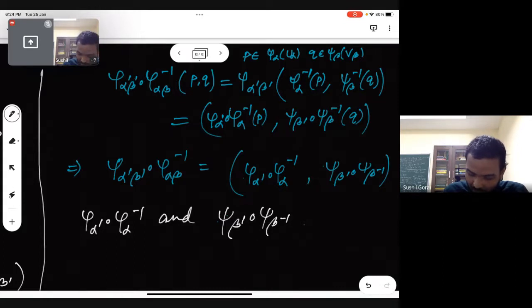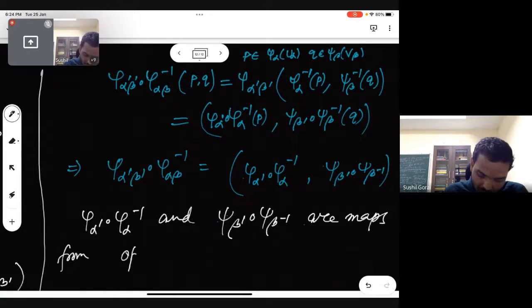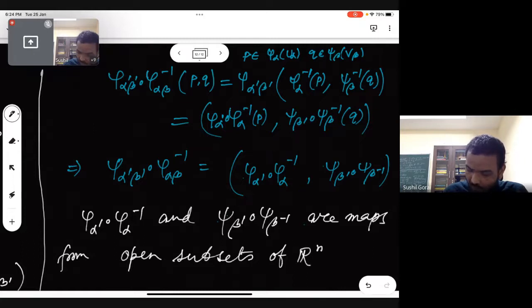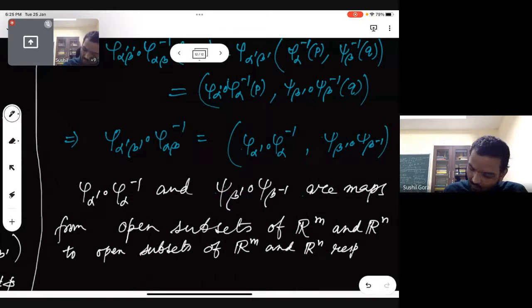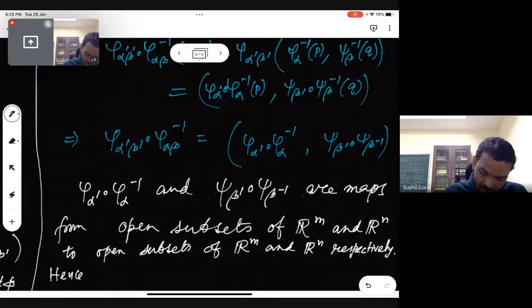These are maps from open subsets of R^m and R^n to open subsets of R^m and R^n respectively. Hence they are smooth maps.